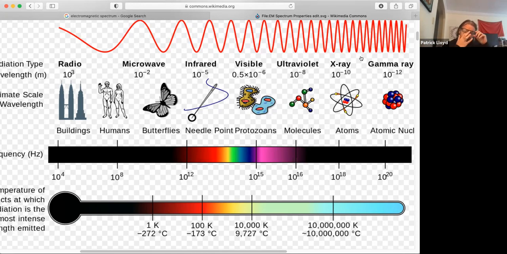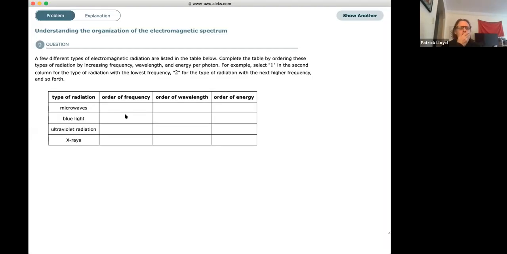Okay. So let's take a look at an ALEKS problem. It says, understanding the organization of the electromagnetic spectrum.